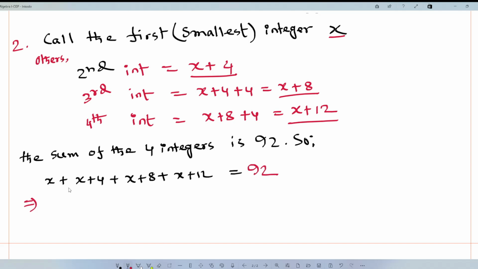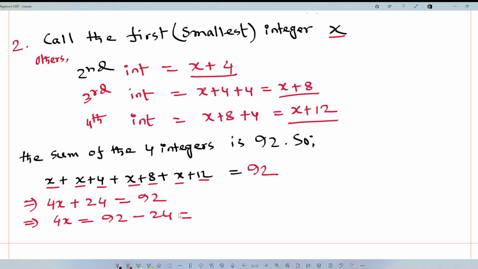So here we can write 4x plus 4, 8, 12, it means 24, equals 92. Then 4x equals 92 minus 24.